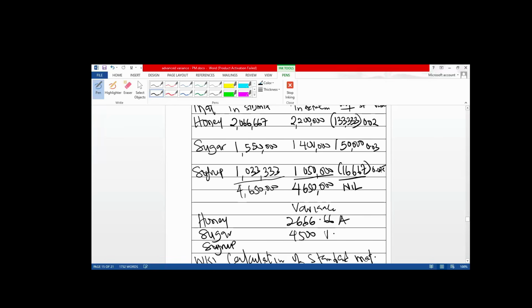That is 4,500 F. Then 16,667 multiplied by this 0.025. That is 416.675 adverse. 416.675 total adverse.